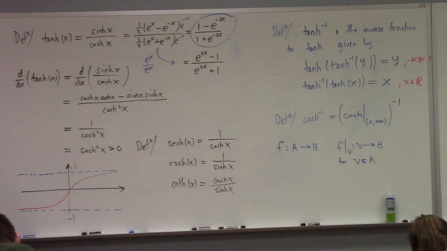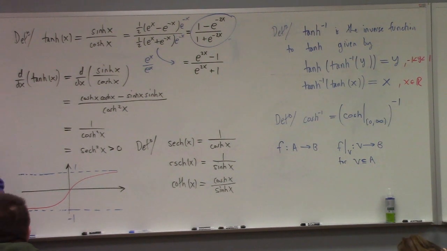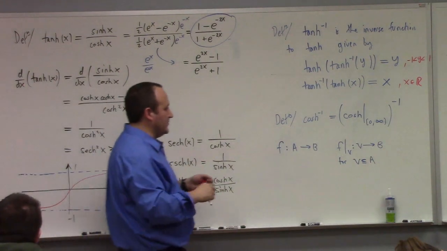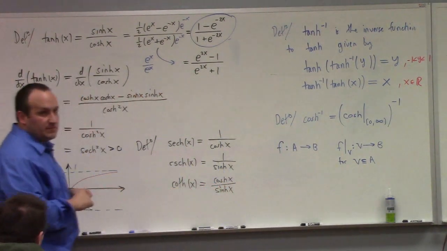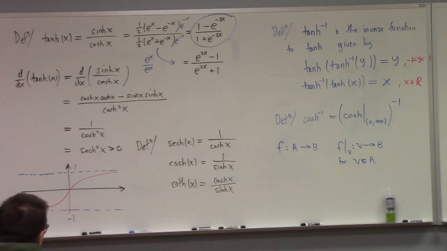We're just taking the domain and making it smaller. That's what's at play here when we were defining inverse hyperbolic cosine. We're throwing out the negative part and just looking at the positive part to find an inverse.